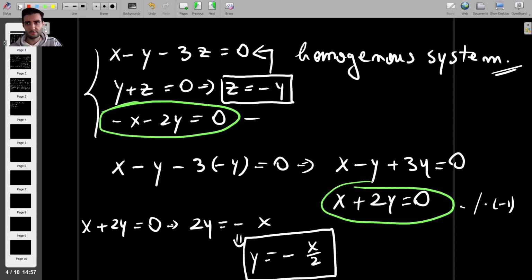So we have y is equal to minus x over 2, which means that z is going to be equal to x over 2, from here, because z is equal to minus y. Let's see what this actually means.